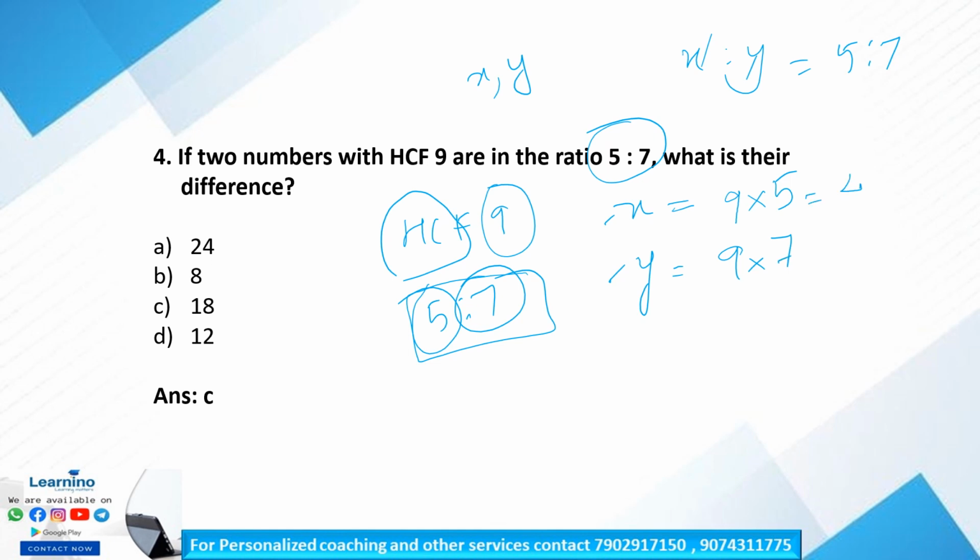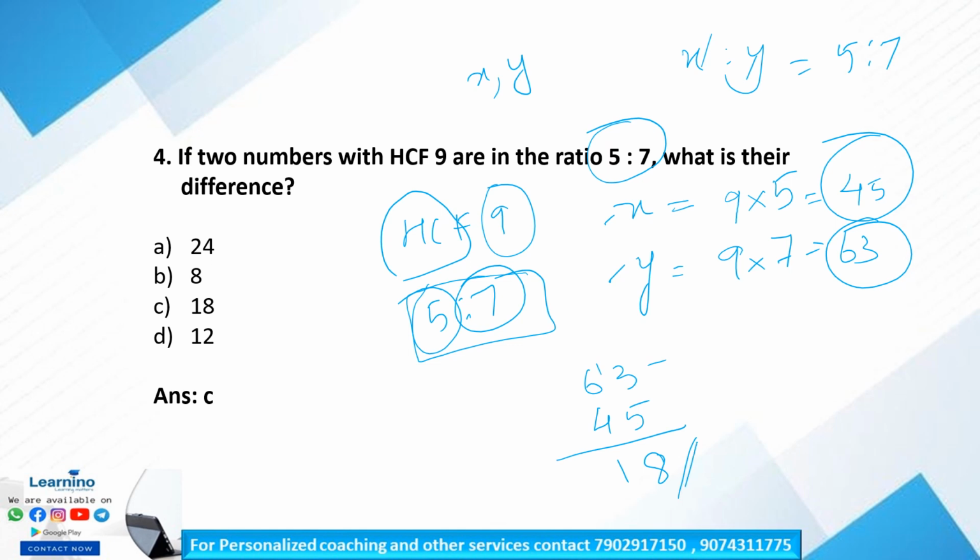So 9 into 5 is 45, 9 into 7 is 63. So the numbers are 63 and 45. So 63 minus 45 is equal to 18.